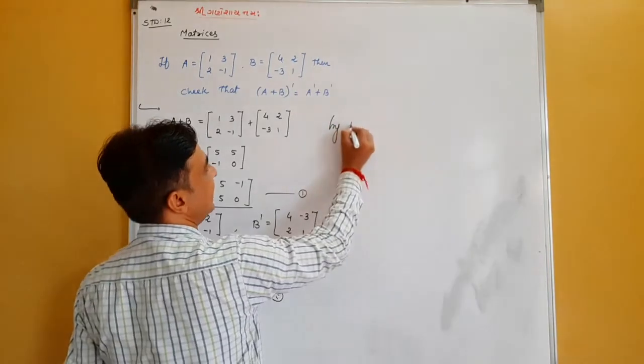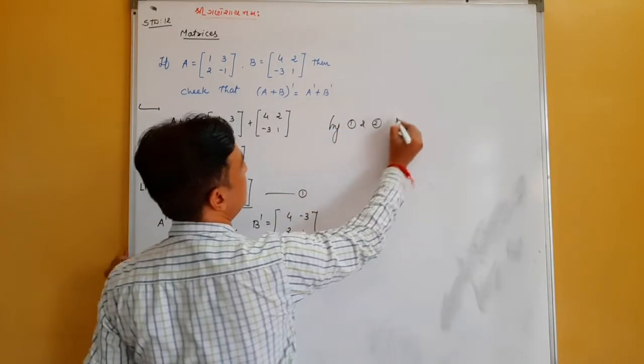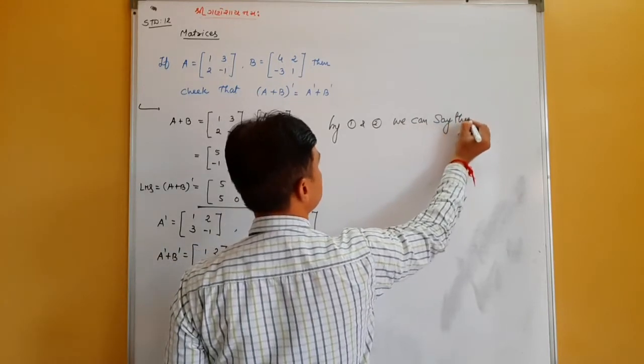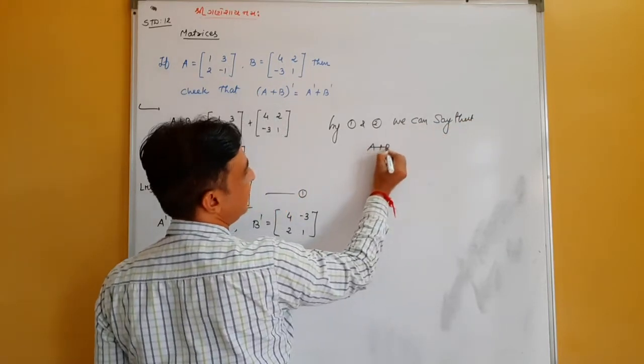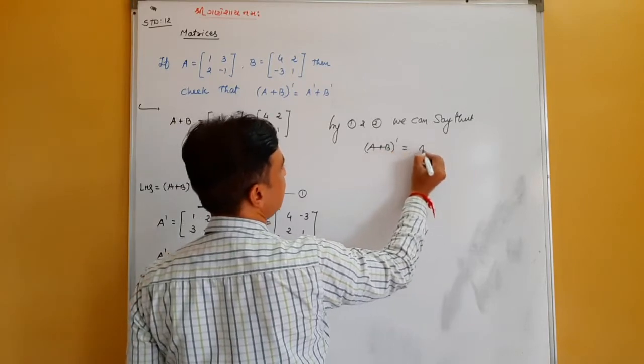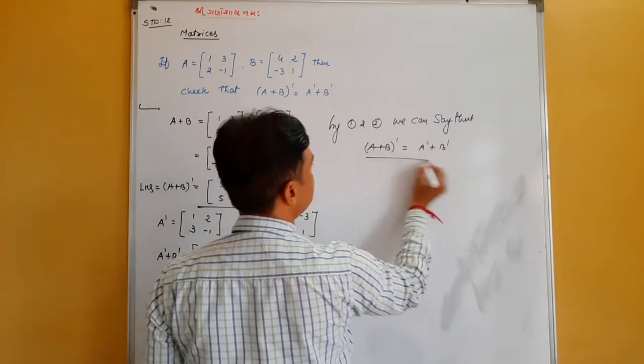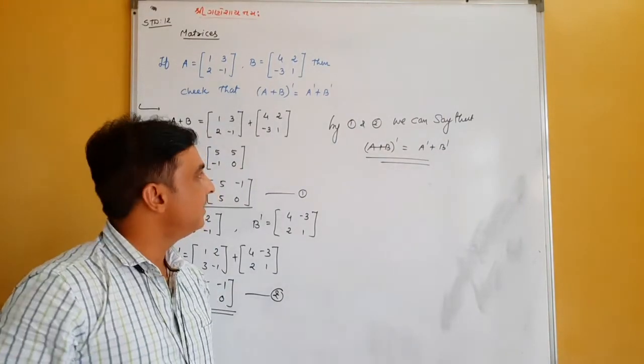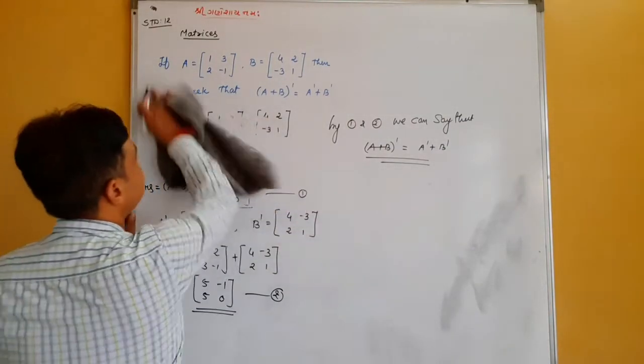So by 1 and 2 we can say that A plus B dash equal to A dash plus B dash. Clear? Let's go to the next example.